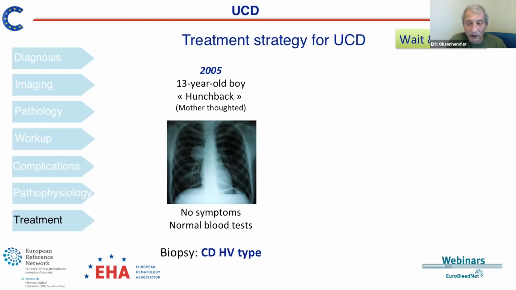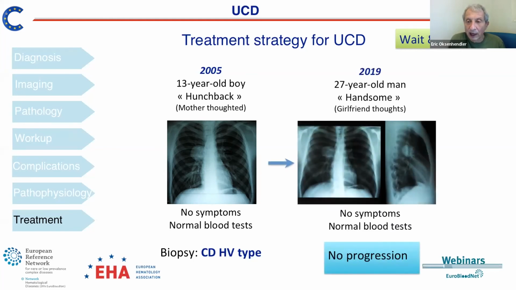disease, hyaline vascular type. But the surgery was really difficult because the lesion was on the pulmonary artery, and the mother of this boy said that she preferred her boy not to undergo surgery. And I saw this boy 14 years later.